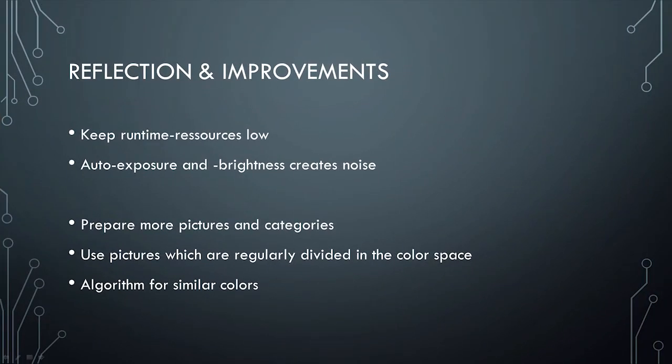Last but not least, let's talk about what we learned, what worked well, and what didn't. Important things are that we want to keep the runtime and resources low. We are currently around 2 to 4 gigabytes of RAM depending on the resolution of the webcam. We didn't test it on many devices, but for a fluent frame rate on resolutions higher than 480p, a quad core is recommended.